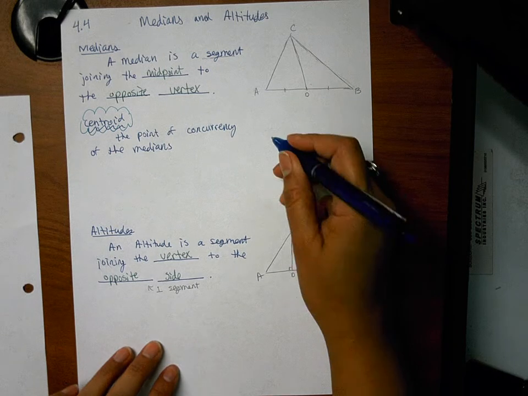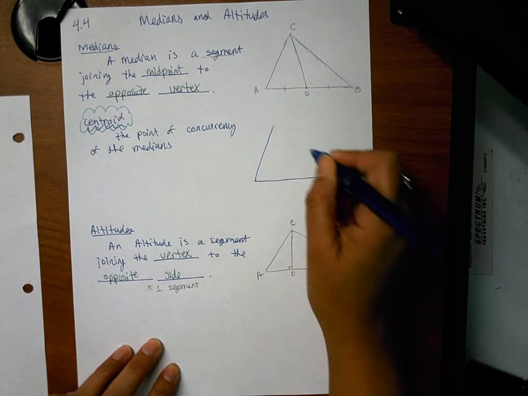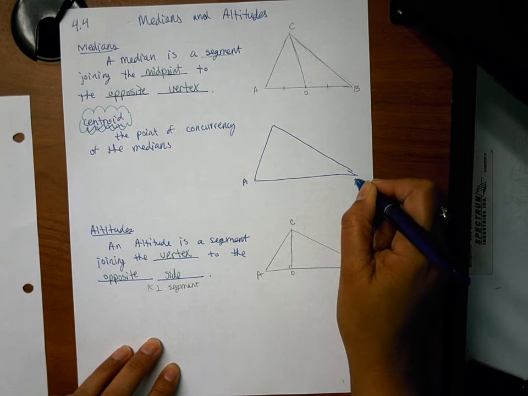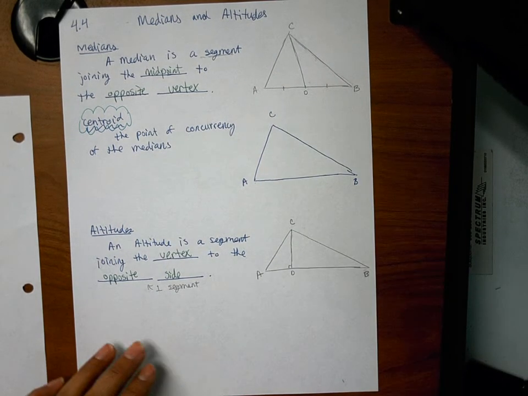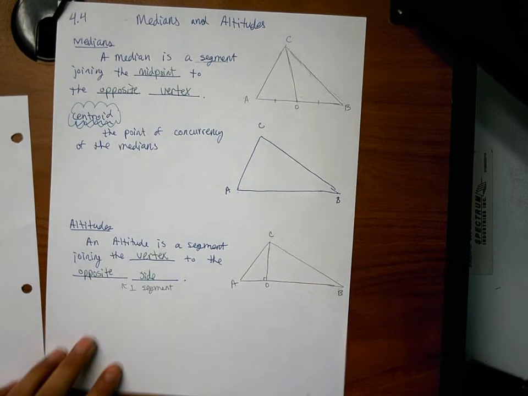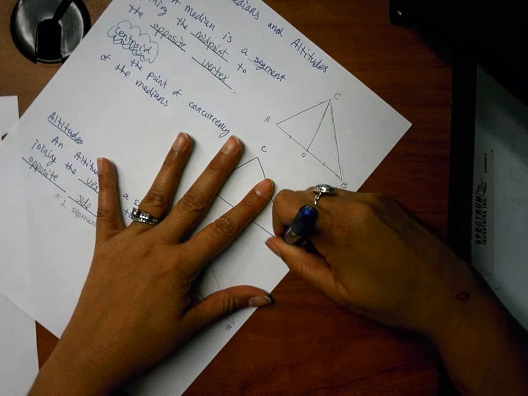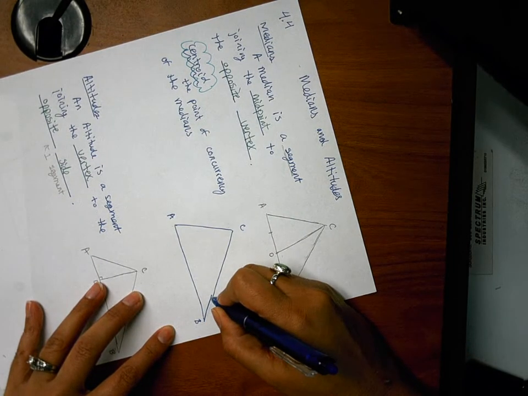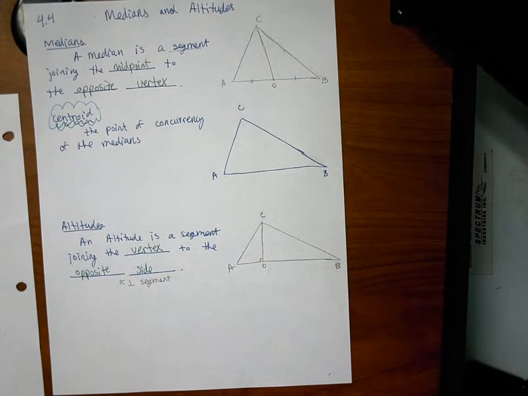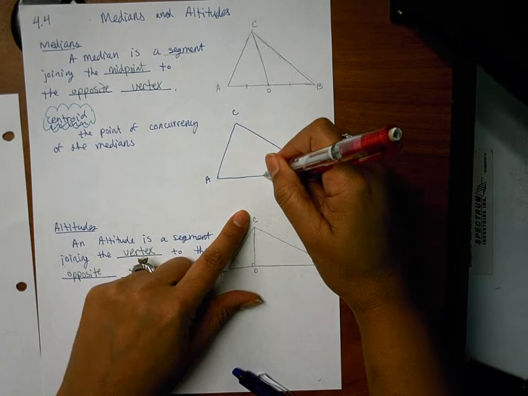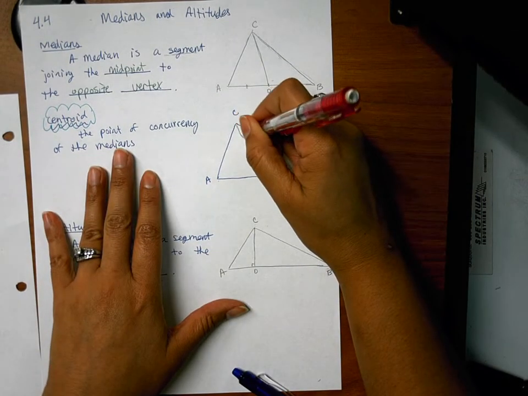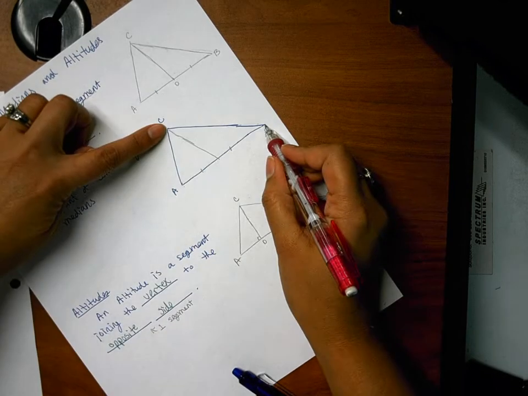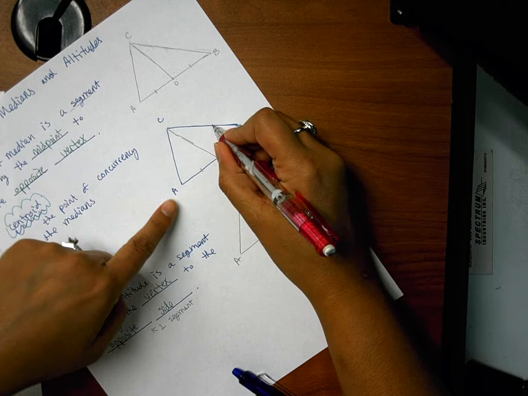Okay, so let's draw our picture. A, B, C. Now, if I were to find the midpoint of AB, and again, right now we're just eyeballing it because we're not using our actual tools that we should be using or could be using. So, middle of AB and connect to C, congruent and congruent.